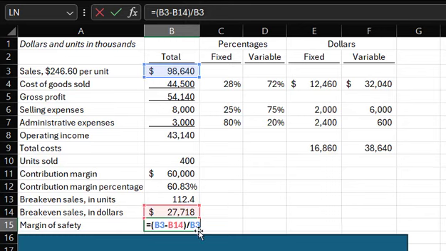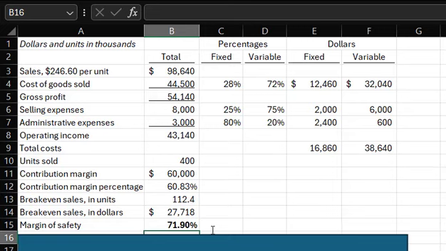Okay, so you can see where I'm doing the math here. Take the cell B3 minus B14, get that answer, and then divide it by B3. And we get a margin of safety of 71.9. And that's how we tackle this one.